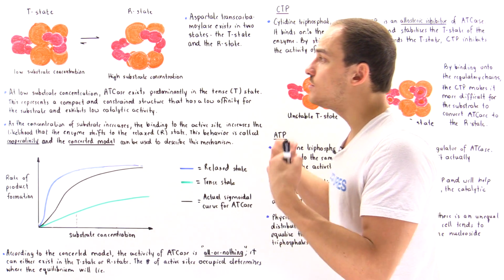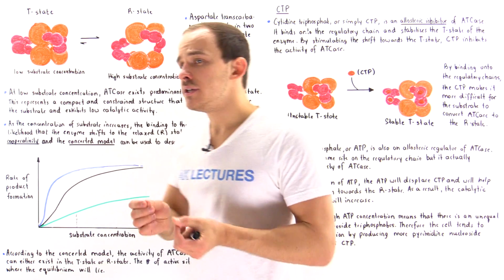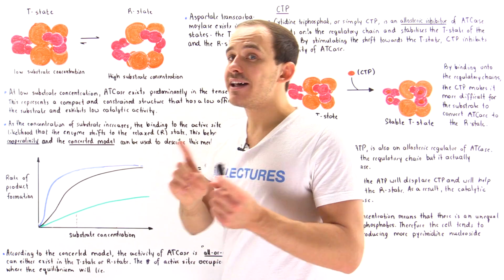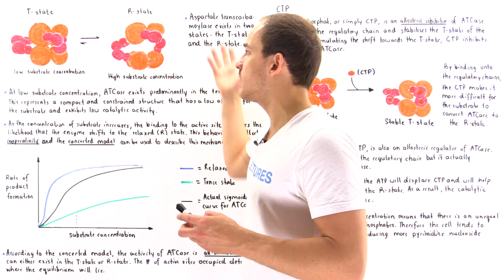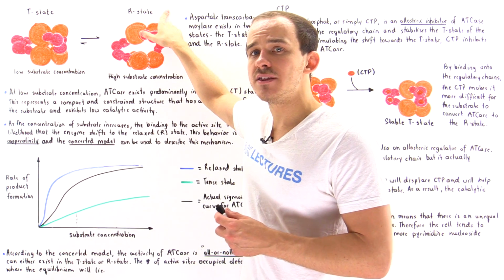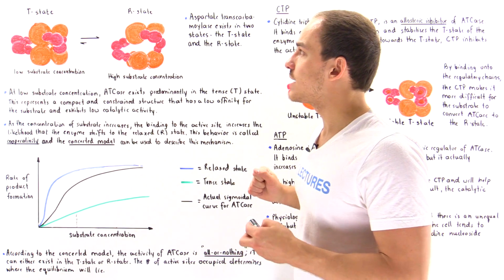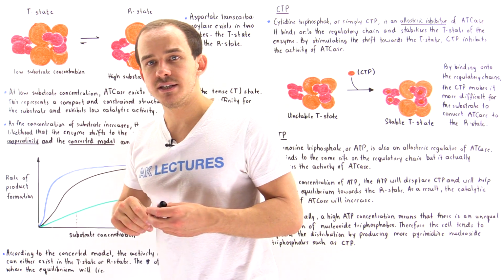And it's the concentration of the substrate inside the cell that ultimately determines where the equilibrium will actually lie. At a high substrate concentration, the enzyme's quaternary structure will exist in the R state, while at low substrate concentrations, the enzyme's quaternary structure will exist in the T state.